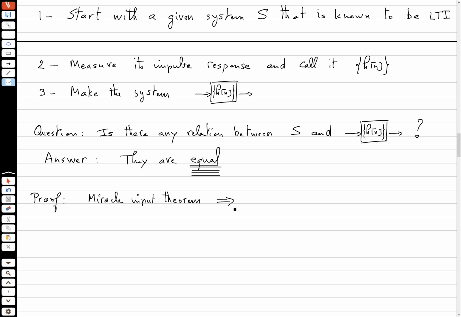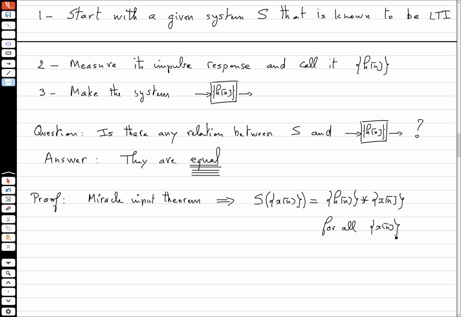We even have the explicit formula of S. And what is it?